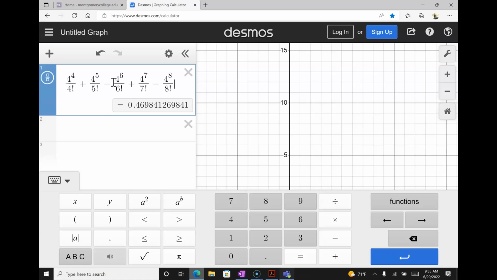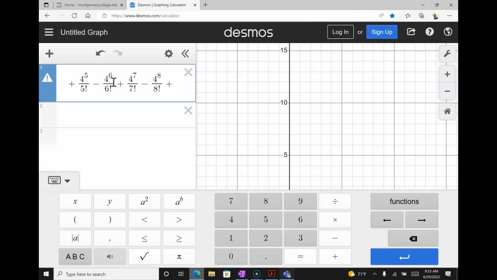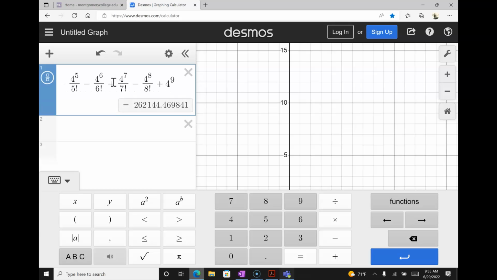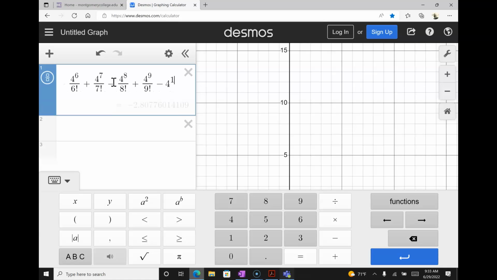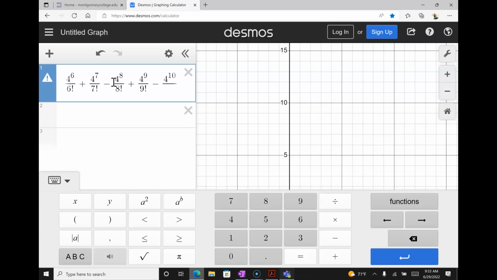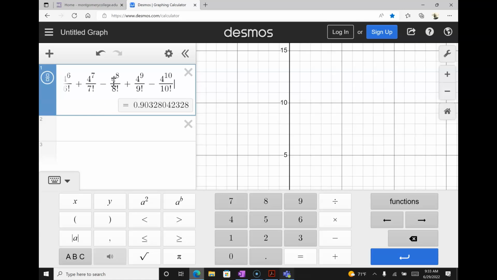Almost. Damn it. With 12 terms, I got 0.972. Nice. Yeah, that one's already horrendous. Yeah, sucks.